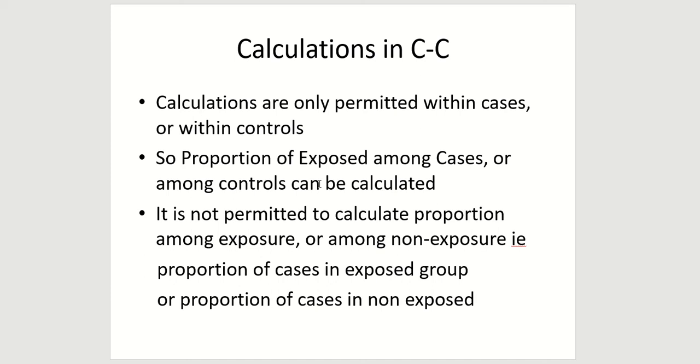It is not permitted to calculate the proportion among exposed or among non-exposed. We can't cross the way we did in the RCT. So the proportion of cases in the exposed or proportion of cases in the not exposed is not allowable. You only look at the proportion of exposed inside the cases or inside the controls.